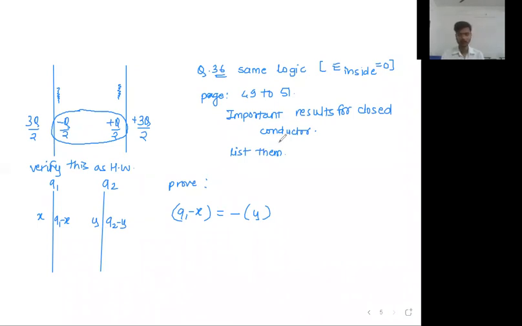Now the interesting point and the actual important point that we are going to learn now is the next point, which is called sharing of charges. Let me move on to the next board.